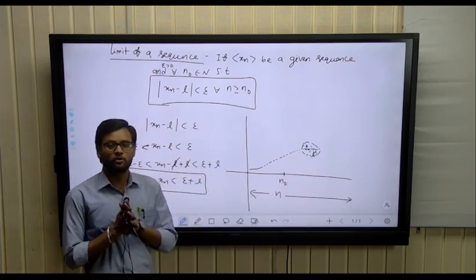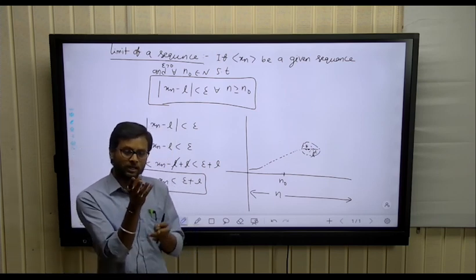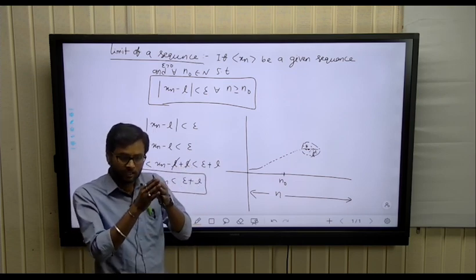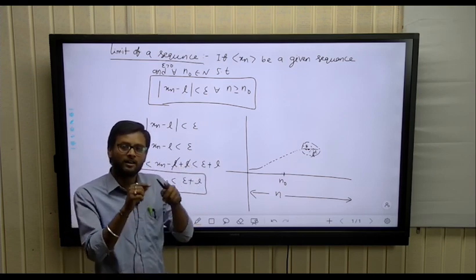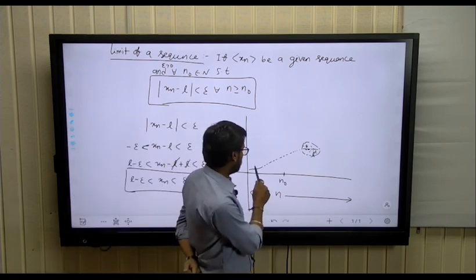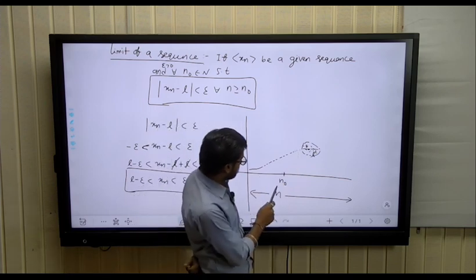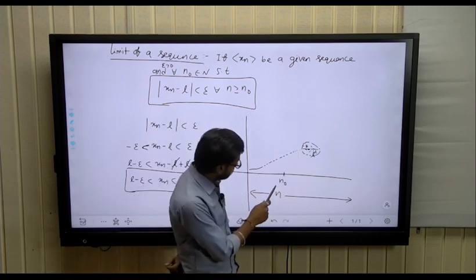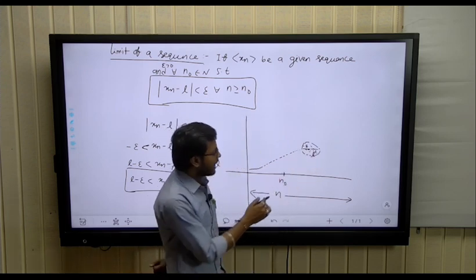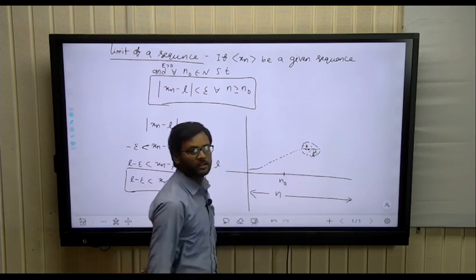So basically the concept of the limit of a sequence says that if a point is a limit of a sequence, then infinitely many terms of the sequence lie in the neighborhood of L. Basically if we go further, when we increase the terms of a sequence, if the terms cross the number n naught, then we see that the terms of the sequence lie in the neighborhood of L. So this is the limit of a sequence.